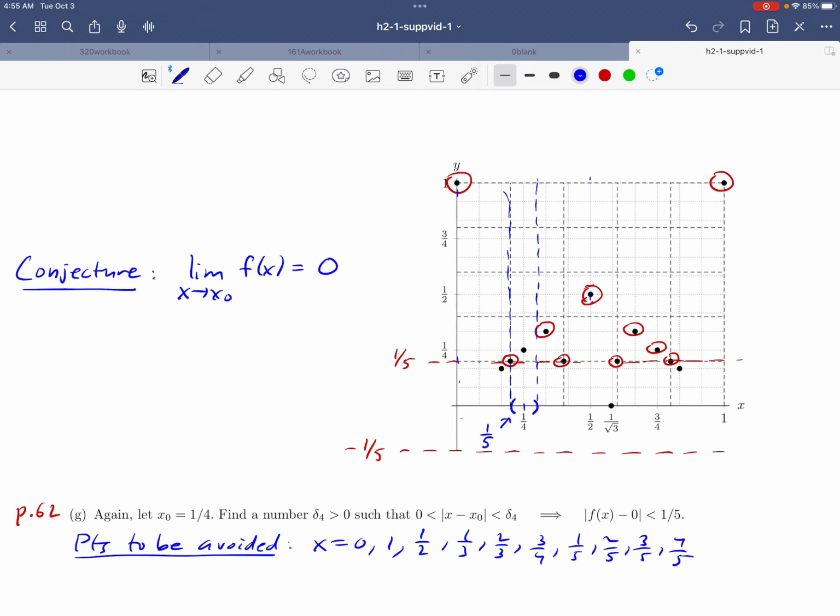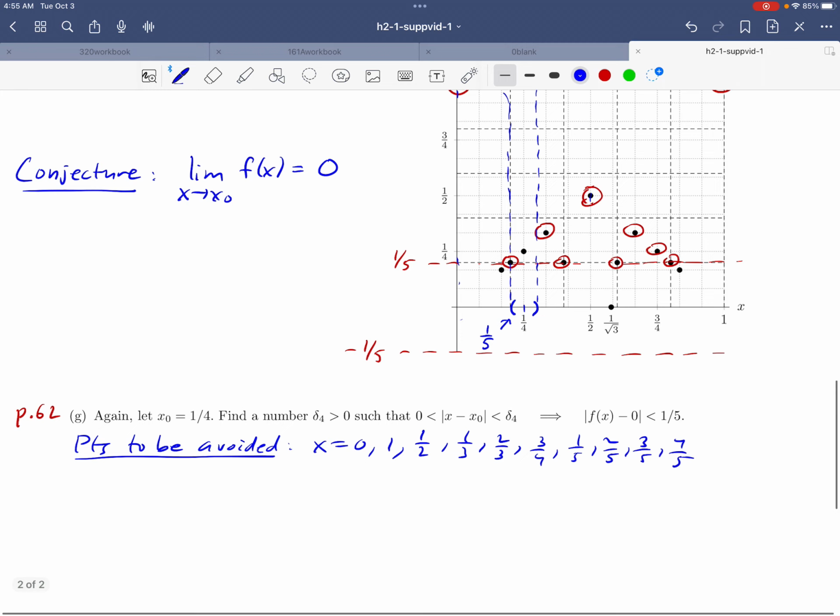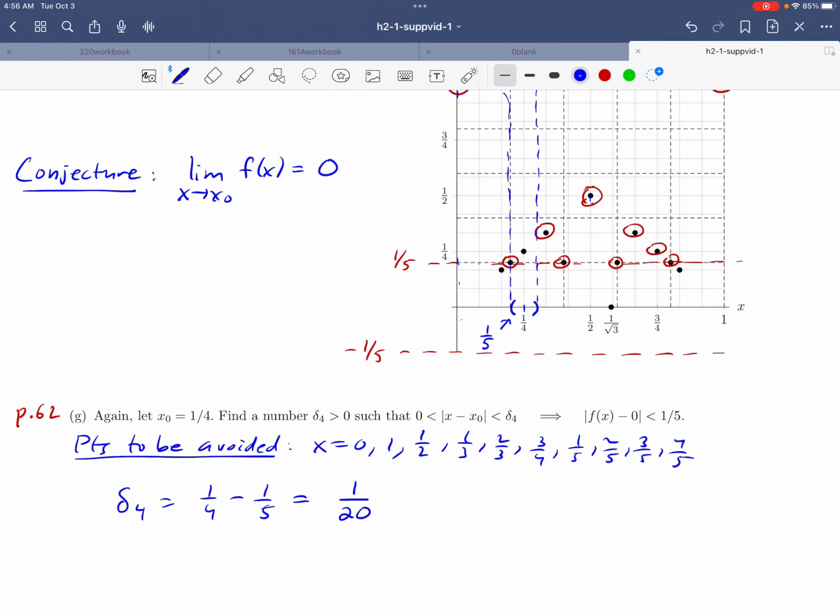And we know from our previous work, engaging with this grid, that that number is 1/5. So our delta looks to be the difference between 1/4 and 1/5, and we can go down here and calculate that. Again, I'll leave the fractional arithmetic to you. You can do this calculation and confirm that you're going to get 1/20 out of that.